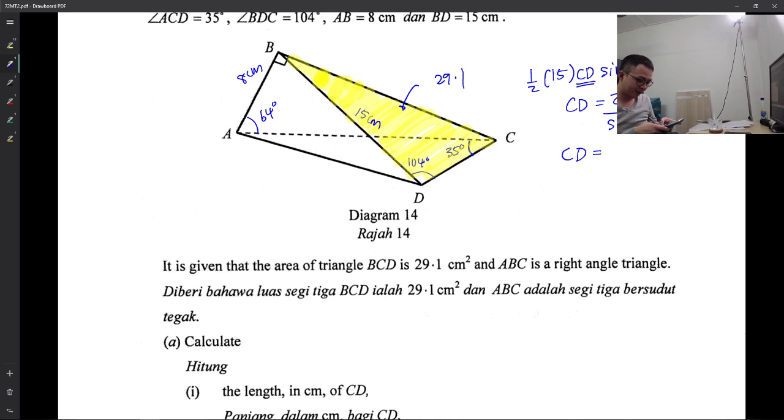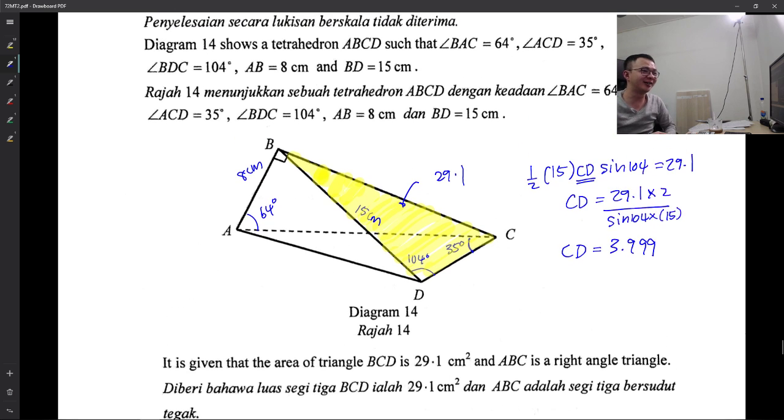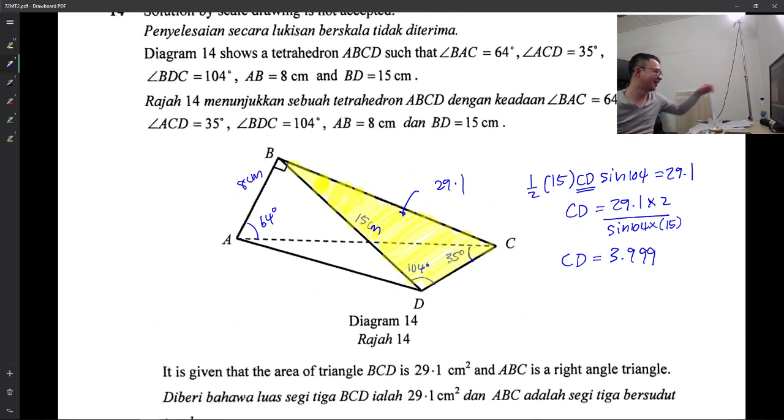Divided by sine 104 divided by 15. Yeah, I get the length is 3.999. Oh my god, my face is blocking. Yeah, I'm so sorry.